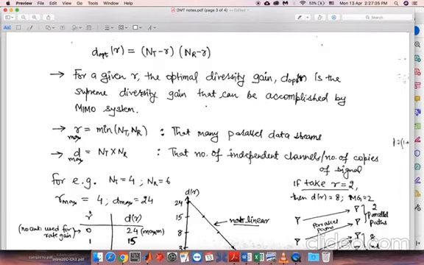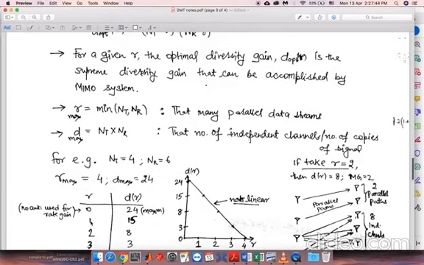We will see the same thing using this table. Let's start with the R equals to 0 value. At R equals to 0, diversity would be maximum, which is NT cross NR, and for NT equals to 4, NR equals to 6, D would be 24, which is the maximum.